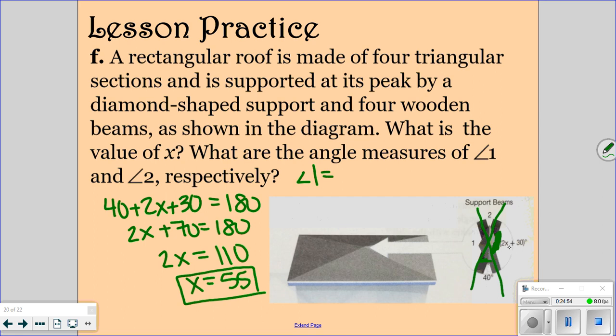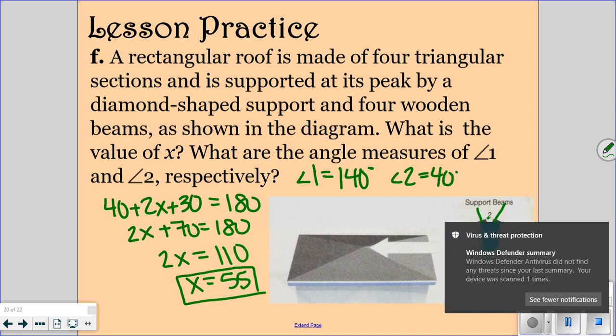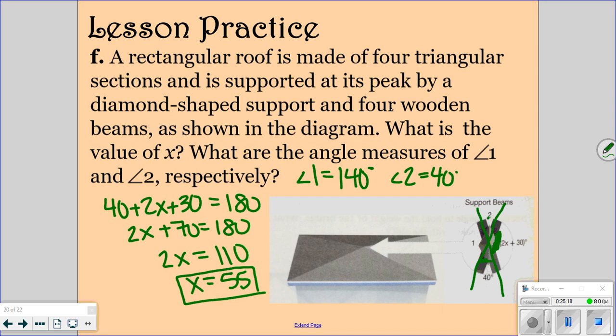So 2 times 55 is 110, and 110 plus 30 is 140. And then over here, angle 2 has to equal 40 degrees because they're vertical. So angle 2 would equal 40 degrees. So that's the answer for the last question.